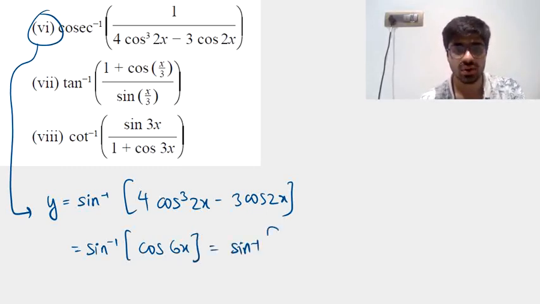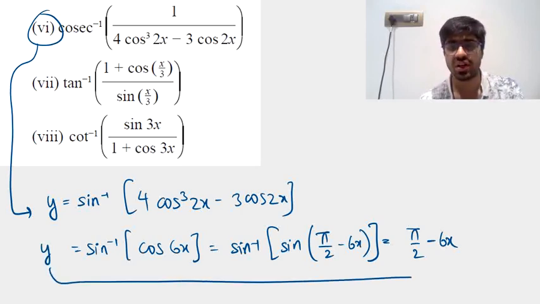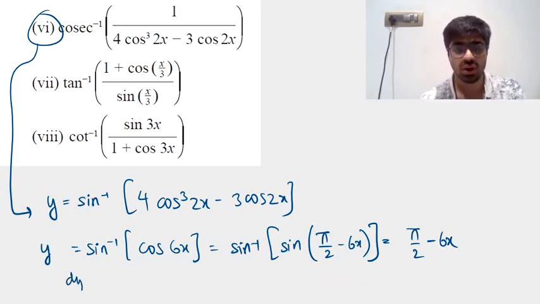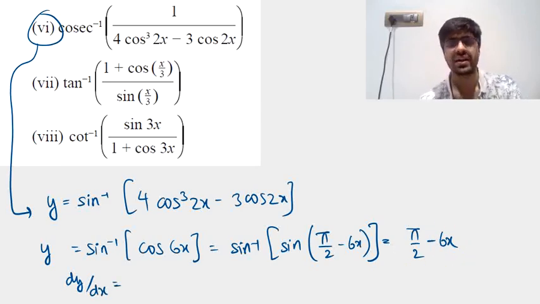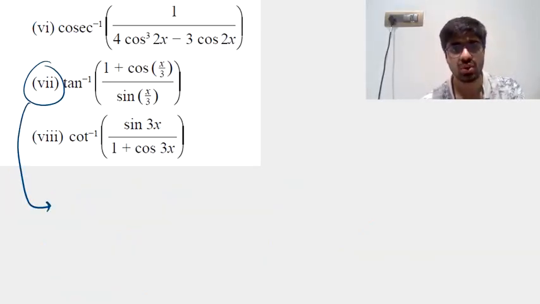That is sine inverse of sine of pi by 2 minus 6x, that is going to be pi by 2 minus 6x. Sine inverse of sine of something, right? So this is the entire simplification of y. So if we take a derivative on both the sides, then dy by dx will be 0 minus 6. So dy by dx will be minus 6, and yeah, with that we take the seventh question.